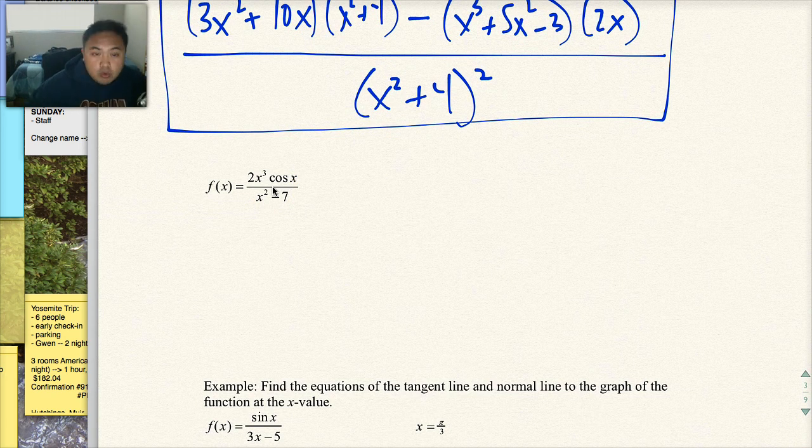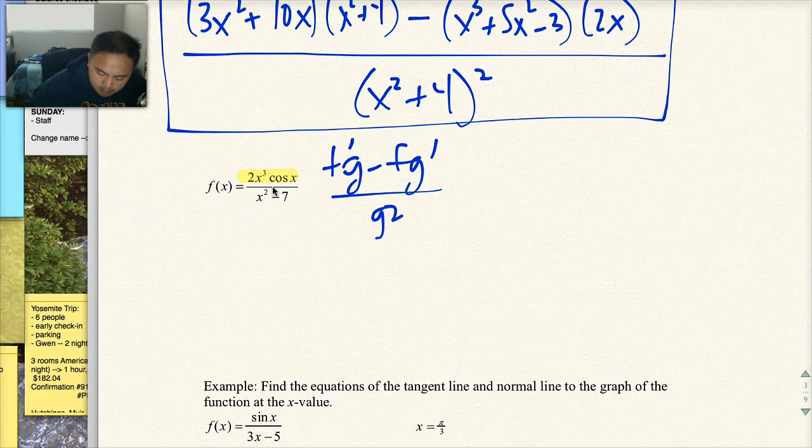The quotient rule says take the derivative of the first one, and the derivative of the first one is the product rule. So if I write out my quotient rule formula, when I'm doing f prime, I'm doing the derivative of the numerator.